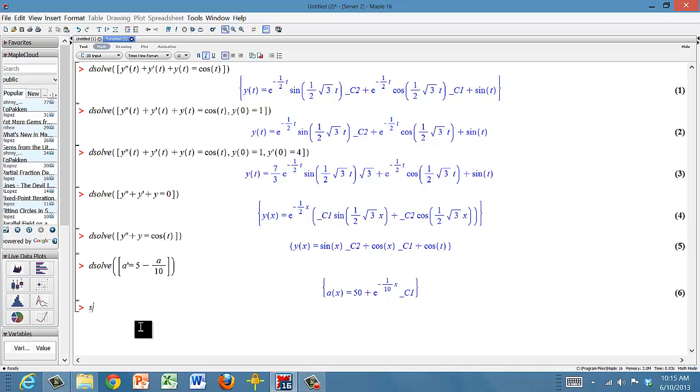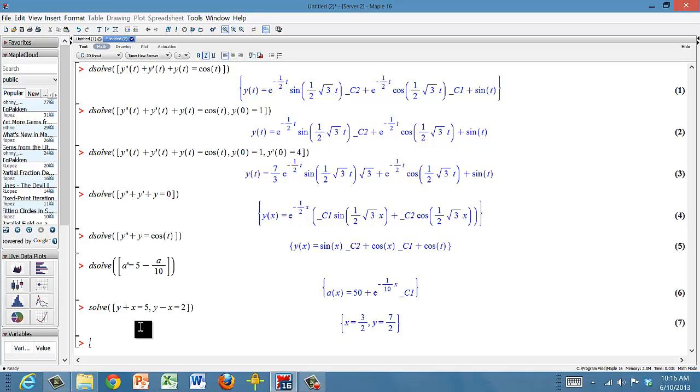As a quick reminder, you can use solve to solve a system of equations. You can solve, maybe I want y plus x to be 5, and I'd like y minus x to be 2. And Maple will solve it for me.